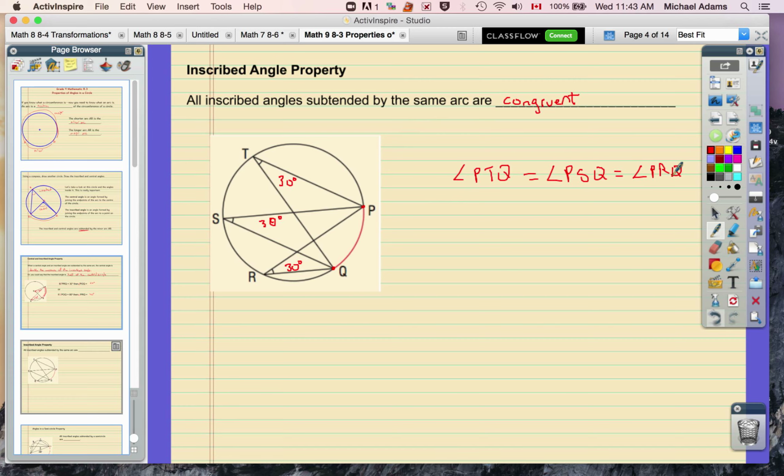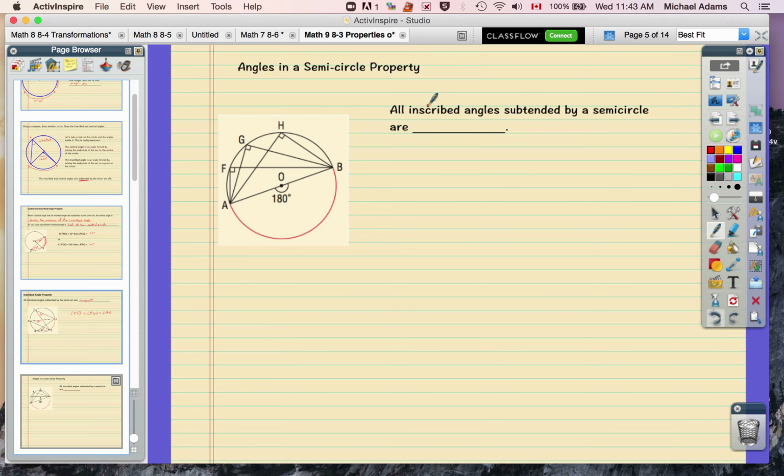Now, the last property we're going to take a look at is the angles in a semicircle property. All inscribed angles subtended by a semicircle are 90 degrees. So what that means is if the arc is a semicircle, or if it has a measure of 180 degrees, all the angles inside are going to be 90 degrees.